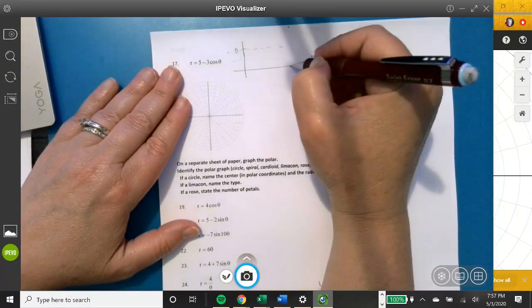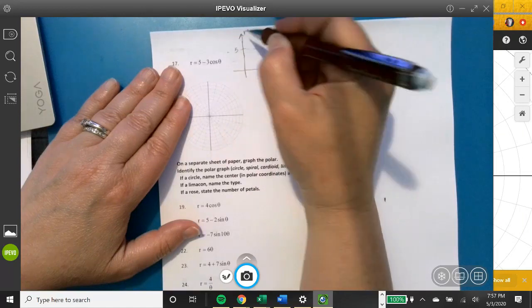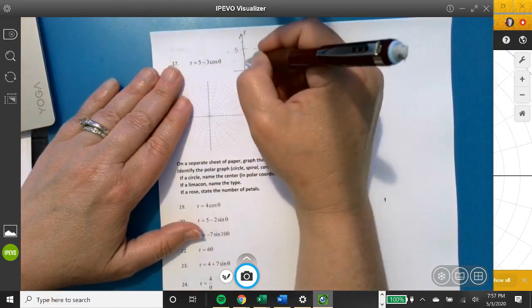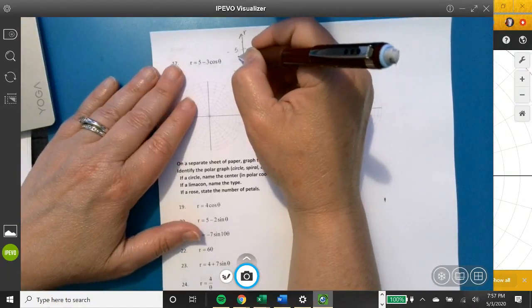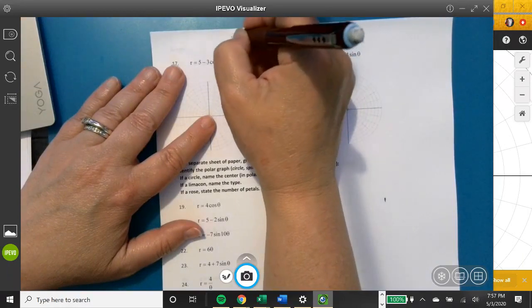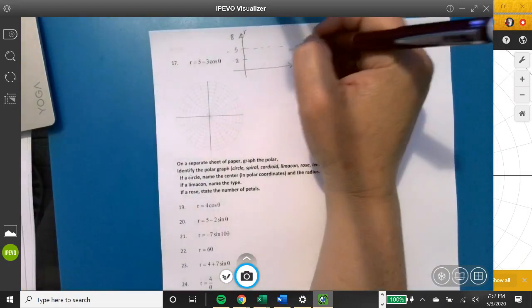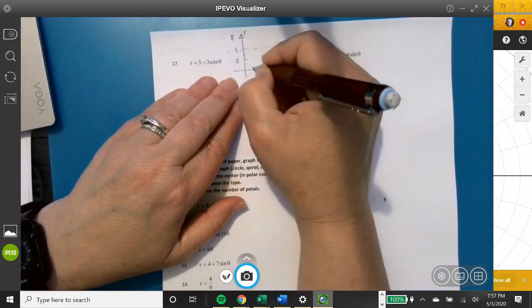Our amplitude is what? 3. So the amplitude is 3. That's going to put us, I have to go down 3. So that's going to be 2. And then up 3, which will put us at 8. And our increments and stuff are still the same, which is really nice.